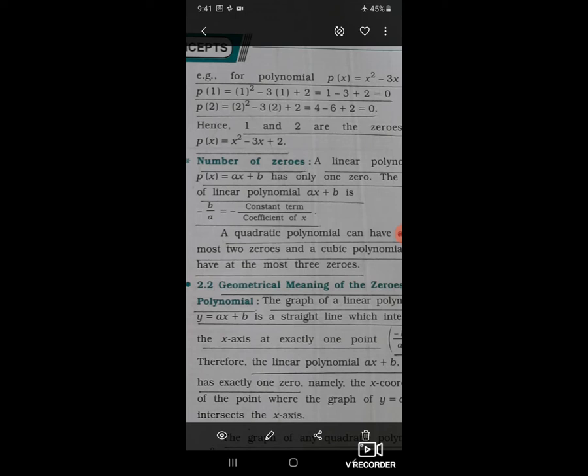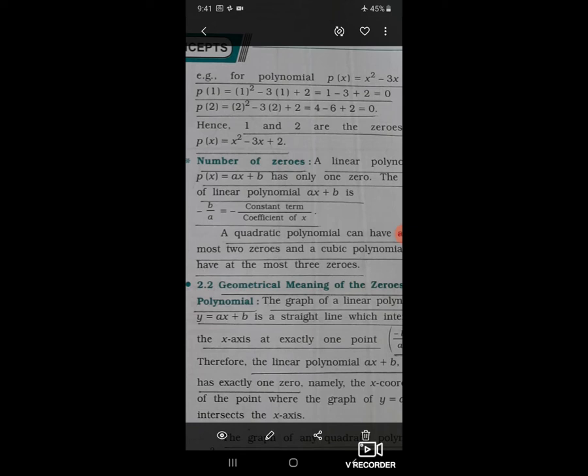For x = 2, we get p(2) = 2^2 - 3 into 2 + 2 = 4 - 6 + 2 = 0. Hence 1 and 2 are the zeros of polynomial p(x) = x^2 - 3x + 2.